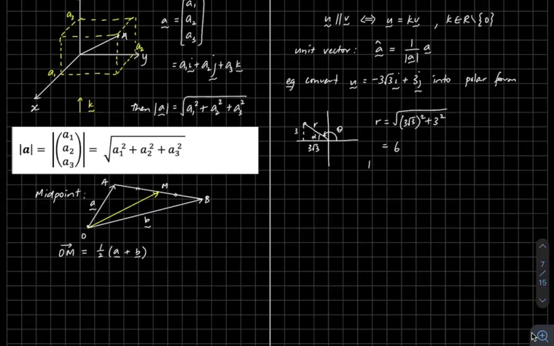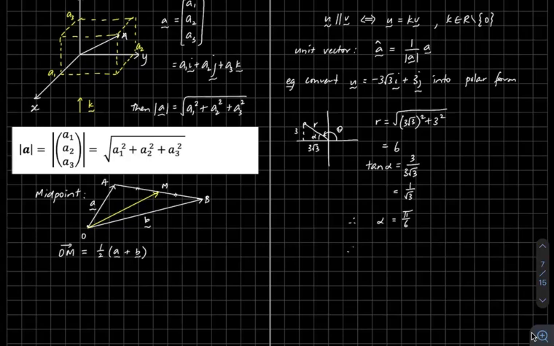And alpha: tan alpha is going to be equal to opposite over adjacent, which is 1 over root 3. And so therefore alpha is equal to, well, which angle has a tan value of 1 over root 3? That's 30 degrees, or pi on 6.